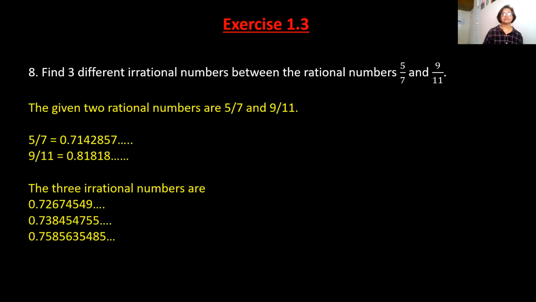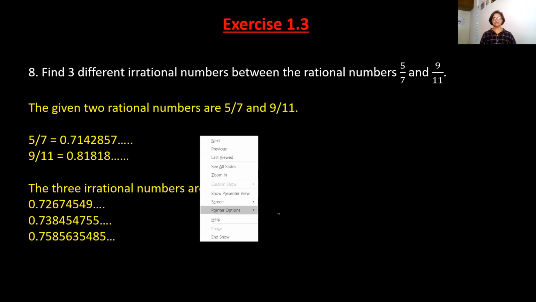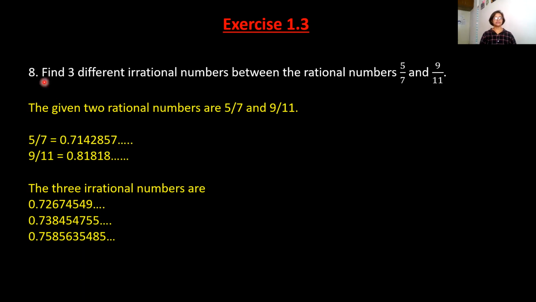Now, one more question we'll see here, which I have already written because there were so many numbers after the decimal. So it was difficult to do the division and then write and so on. So I have already divided and written the numbers here. So I'm telling you what to do in this. So here what to find?